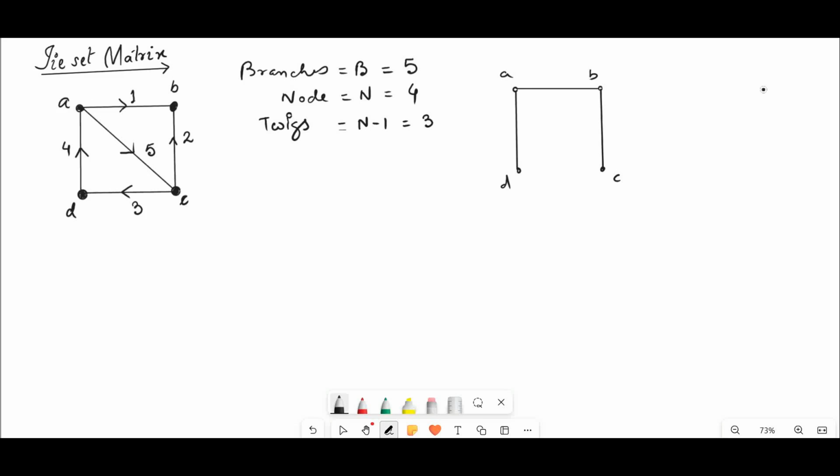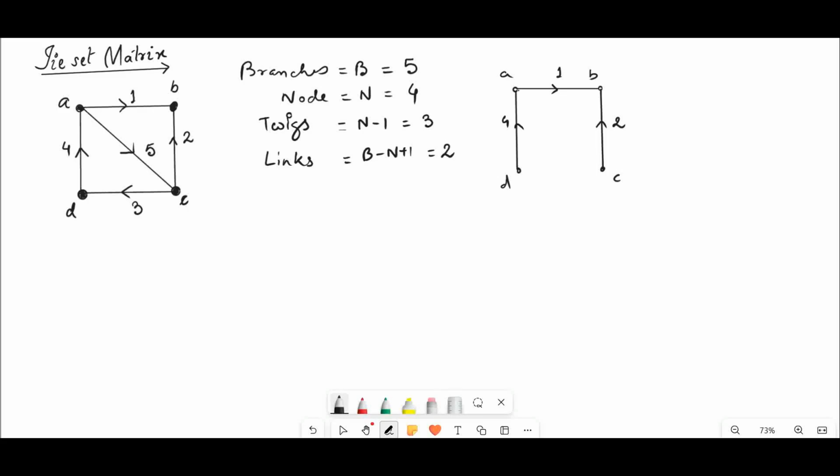Now these, 4, 1 and 2, are the twigs, and we also have links or chords, which are the remaining branches apart from the twigs, given by b minus n plus 1, which is 5 minus 4 plus 1 equals 2.